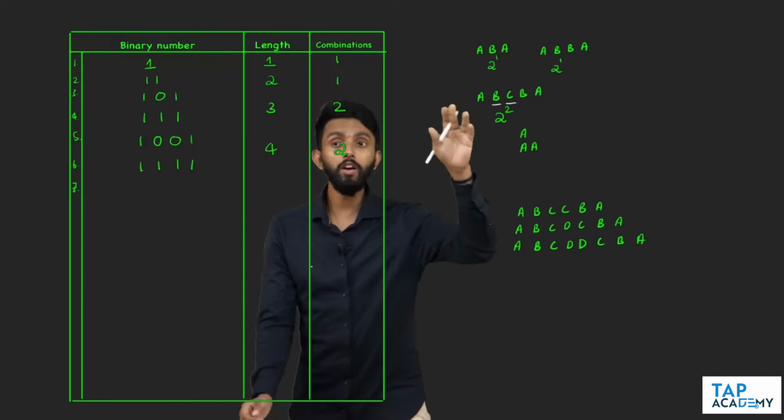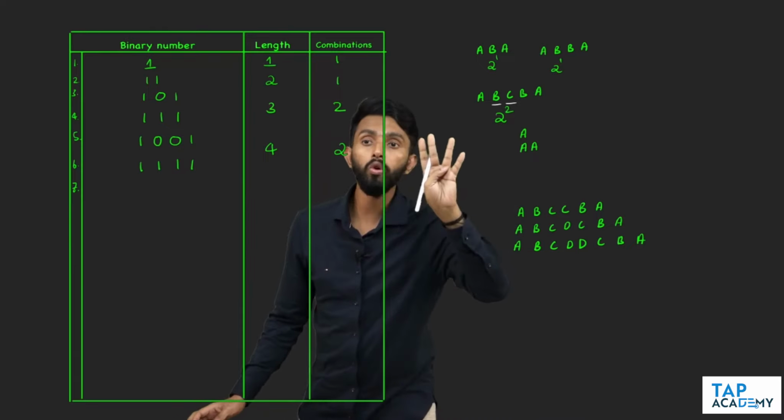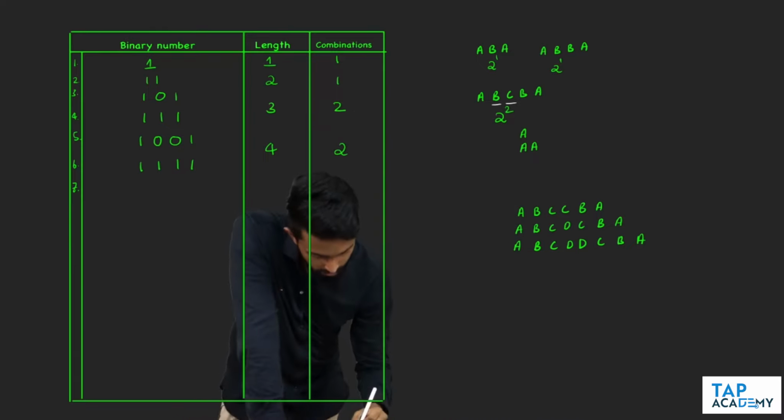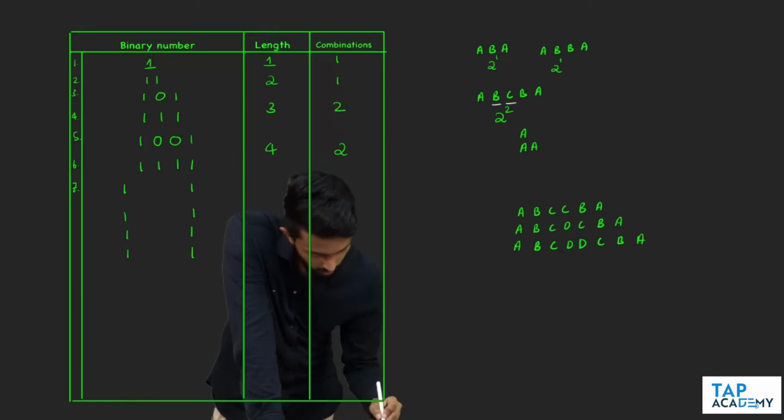How many combinations will I have? 4 combinations. See here, I am writing it: 1 and 1 fixed, fixed, fixed, fixed, 4 combinations, right?